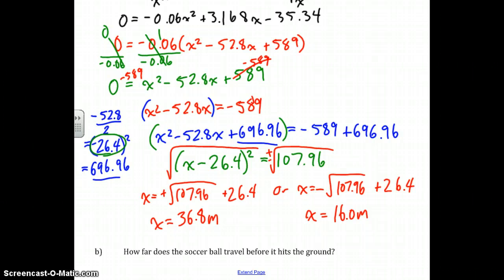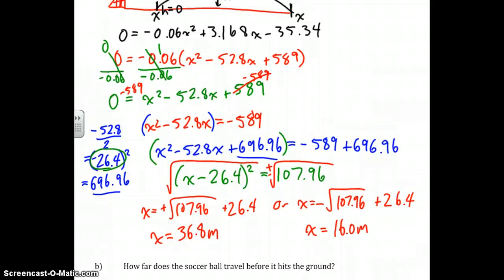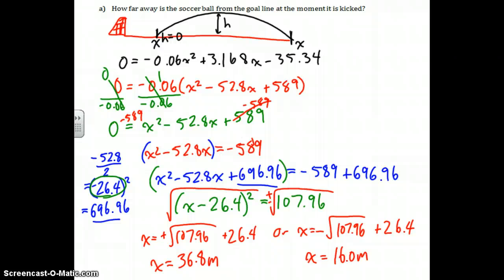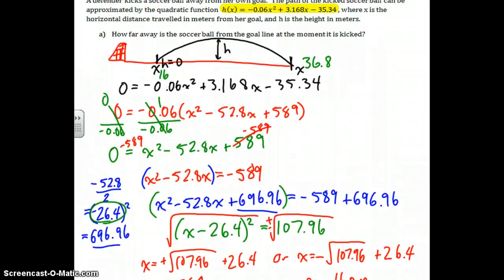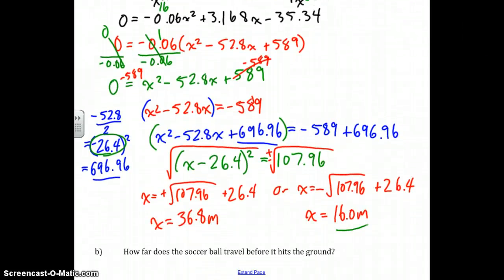So our two x-intercepts, where the height of the ball intercepts the ground, are at 16 and 36.8. If we look up at this picture, this one obviously is the 16, and this one's the 36.8. So part A asks how far away is the soccer ball when the ball is kicked? Well, it's the 16 meters. That's the answer to part A.